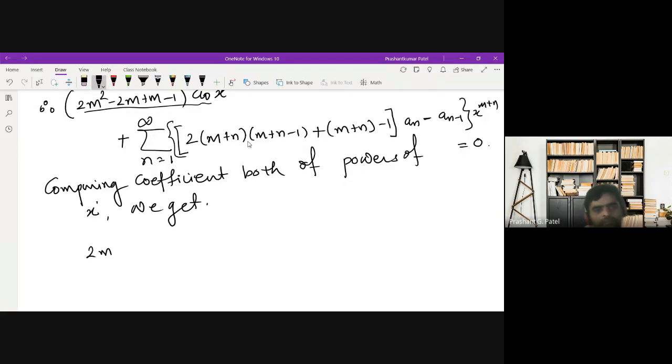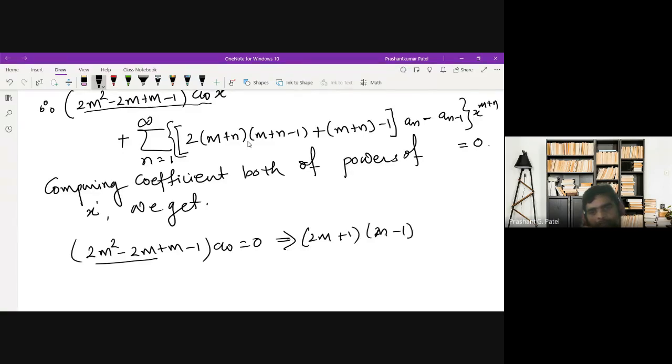That is 2m square minus 2m plus m minus 1 into a0 equal to 0, which gives you, with 2m common from these two, this quantity that you can verify: 2m plus 1 into m minus 1, and that gives you m equal to 1 and minus 1 by 2. These are the two roots you will have.